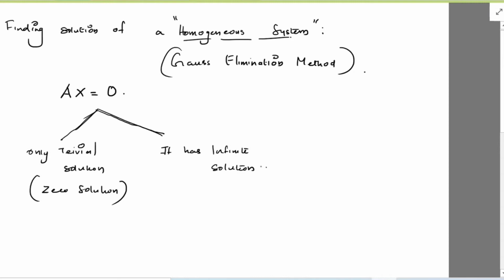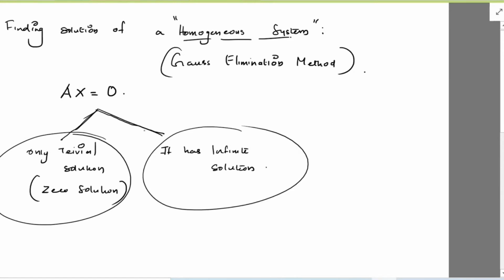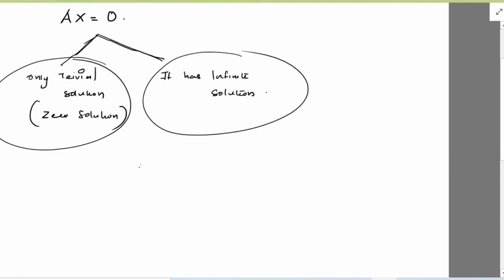So when can we say that a homogeneous system has only the trivial solution, and when can we say that it has infinitely many solutions? Suppose that we are given a system Ax equal to 0.